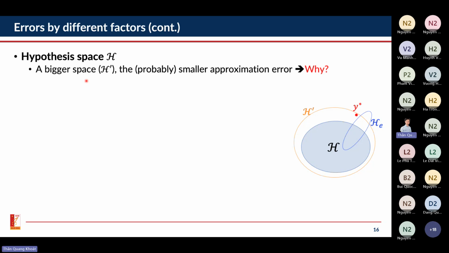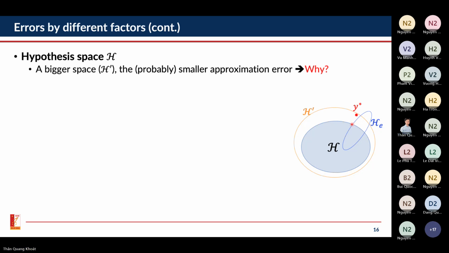Okay, so let's see this example. When we choose a small model family, we can have this family, right? It is small. Then the approximation error can be here, the distance from Y star to the closest point.